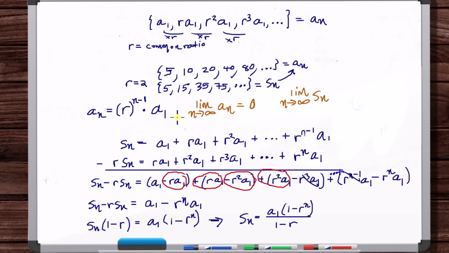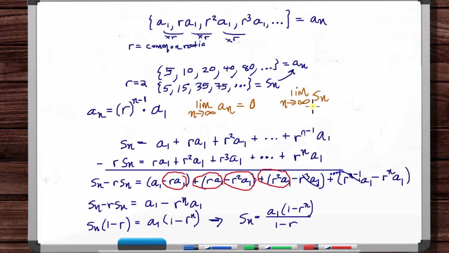And similarly, if r is equal to 1, then you're just multiplying a1 times 1 over and over again. So the limit as n approaches infinity of a sub n, when r is equal to 1, is a sub 1. The sum of an infinite number of a sub 1s goes to infinity. If the absolute value of r is greater than 1, then you're multiplying a sub 1 by bigger and bigger numbers. So that limit of a sub n goes to infinity. That limit of s sub n goes to infinity.